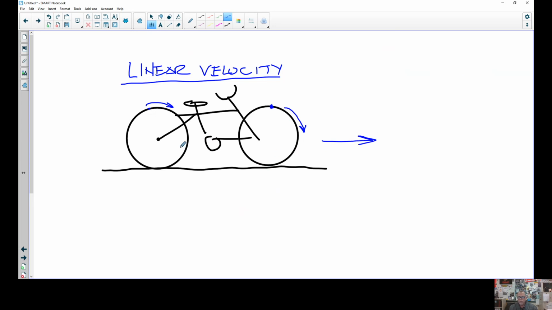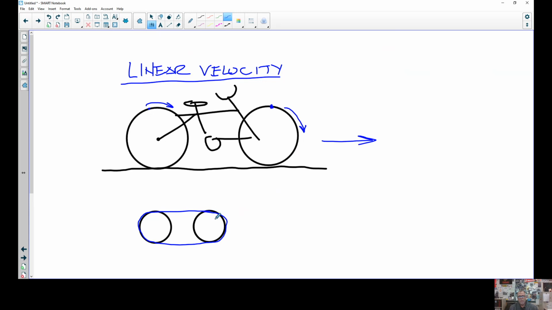Now, these could be pulleys, right? So we've got pulleys with a belt connecting them going around this.